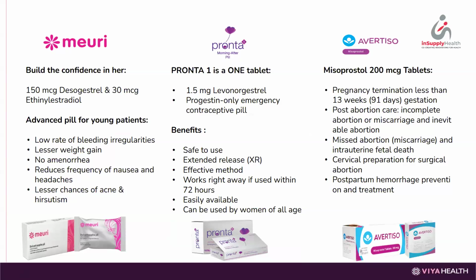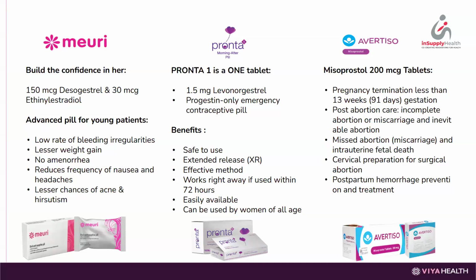Then we have Pronta, which is Pronta 1. It's one tablet. I know most of our customers are used to the P2, which is two tablets, but we have one. It's safe to use, extended release, and quite effective.